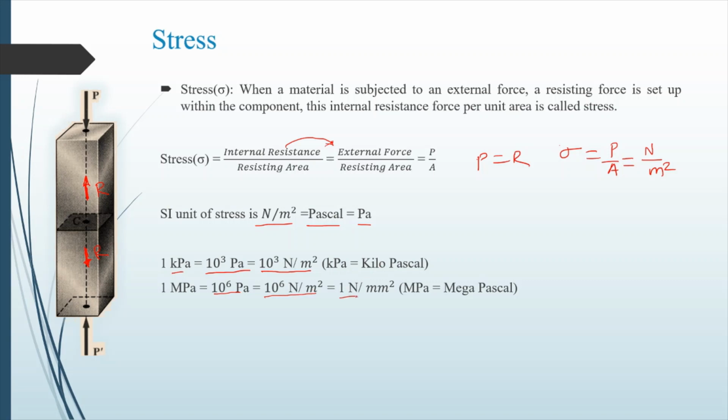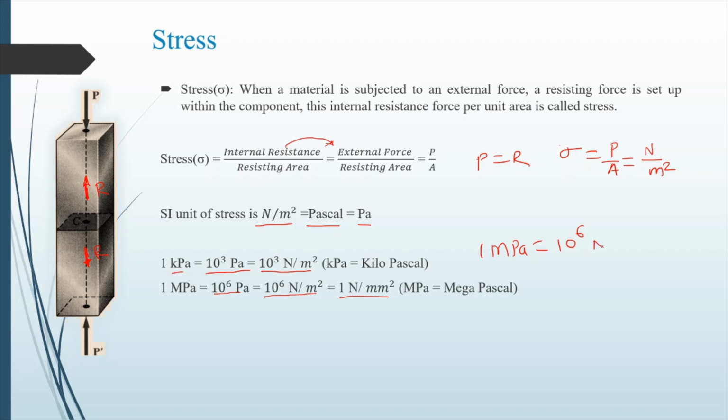And here you are observing one more relation, that is 1 Newton per mm square. So 1 megapascal is equal to 10 raised to 6 Newton per meter square. How 1 Newton per mm square comes, we'll see here.